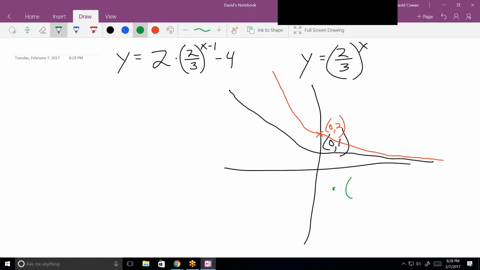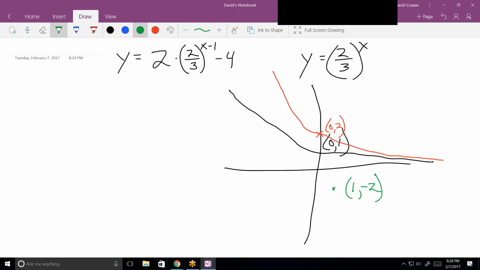Oh, hold on. We're moving it 1 unit to the right. So it goes from 0, 2 to 1. And we're moving it 4 units down. It'll go to -2?